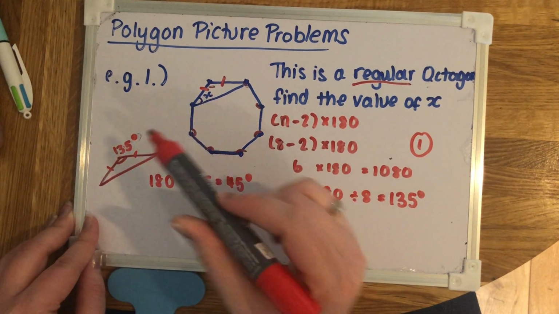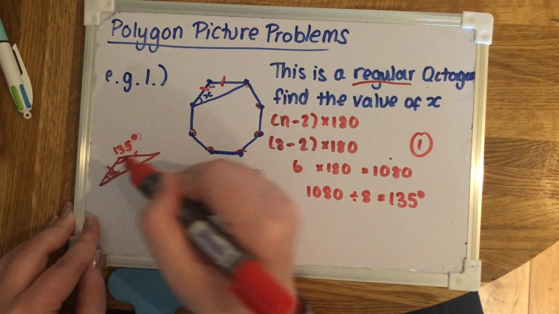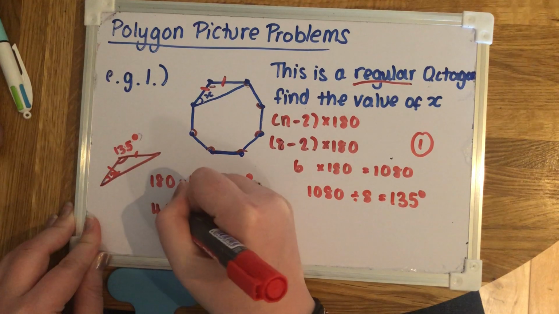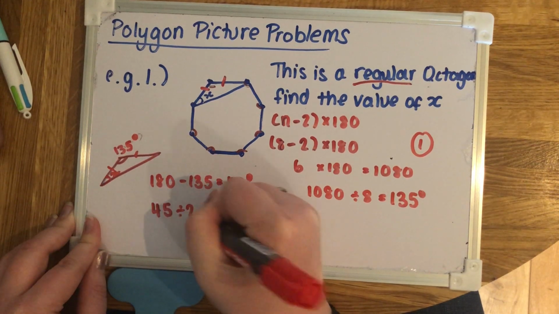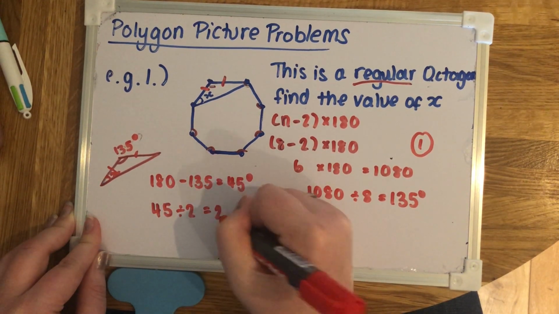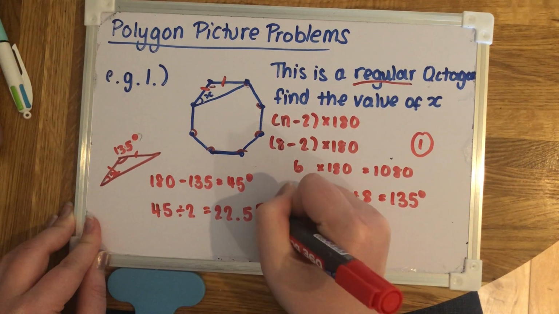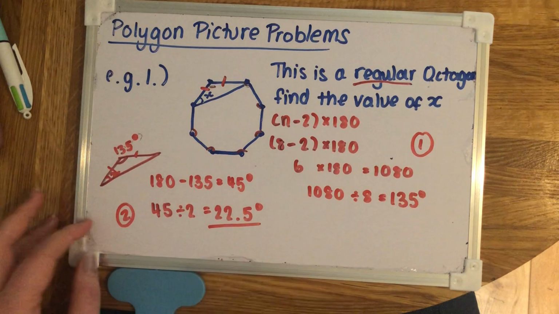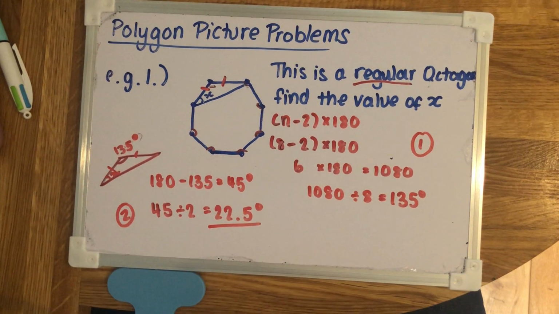Now we just want one of them, this one here. They are the same, so we can just half that number. So half of 45, which is 22.5 degrees. Okay, which I know sounds a bit dodgy because you think, oh, it won't be a decimal. Sometimes you do get decimals, but they will be nice.